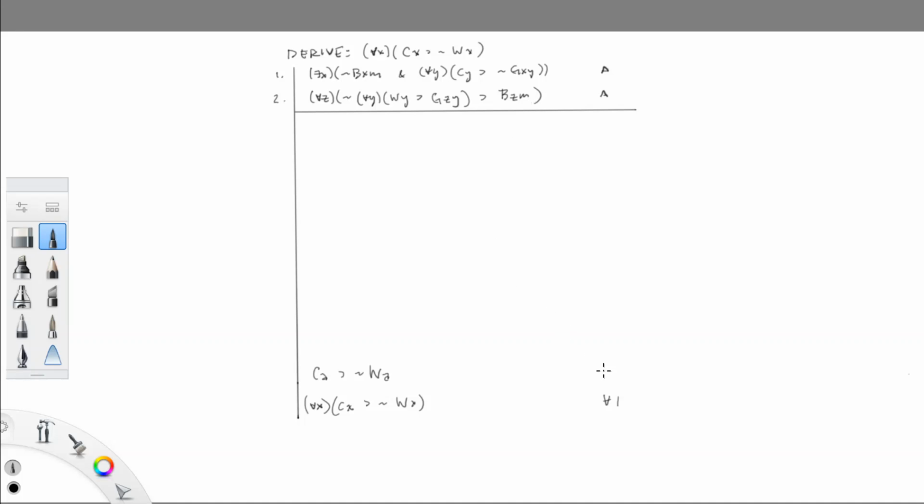Okay, and so then maybe you could think that, well, that's a conditional, so you should use conditional introduction.